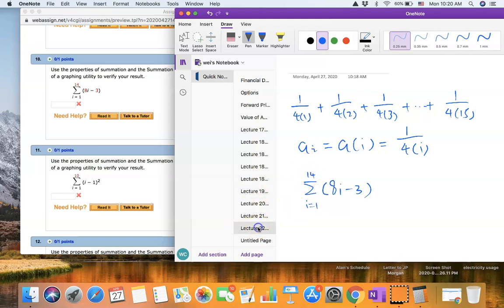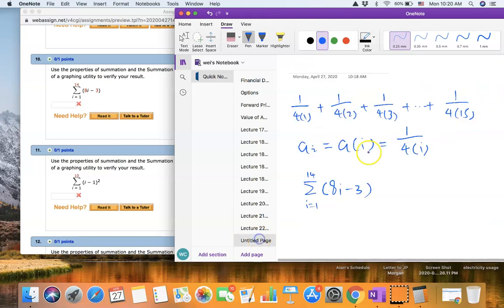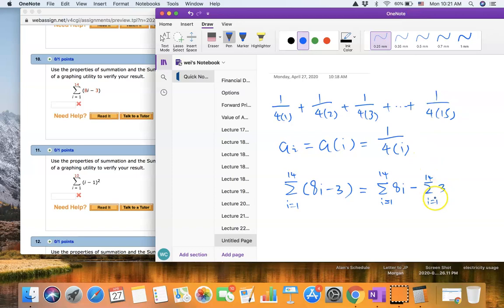So to do this problem, we first are going to use this property. According to this property, we can split this into two sigma notations. One is sigma of 8i, and the second one is a sigma of 3. Remember, the sigma of 3 means we have a 3 added by 3 added by 3 for 14 times, right?